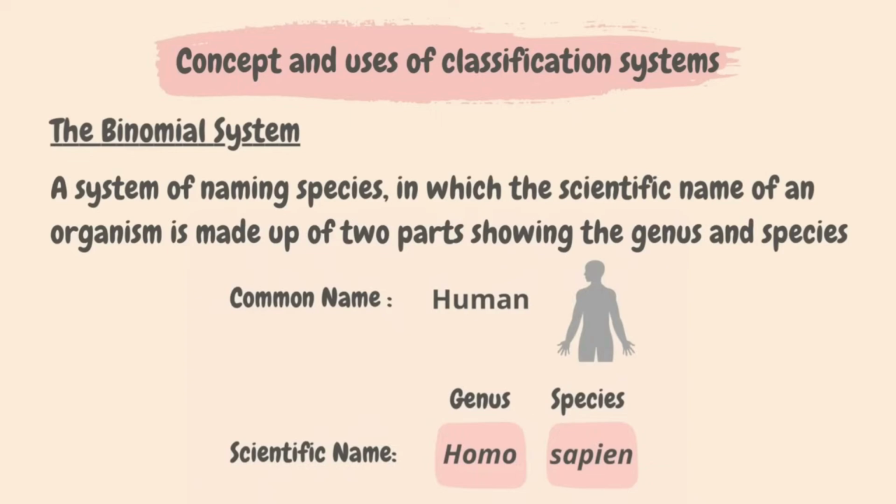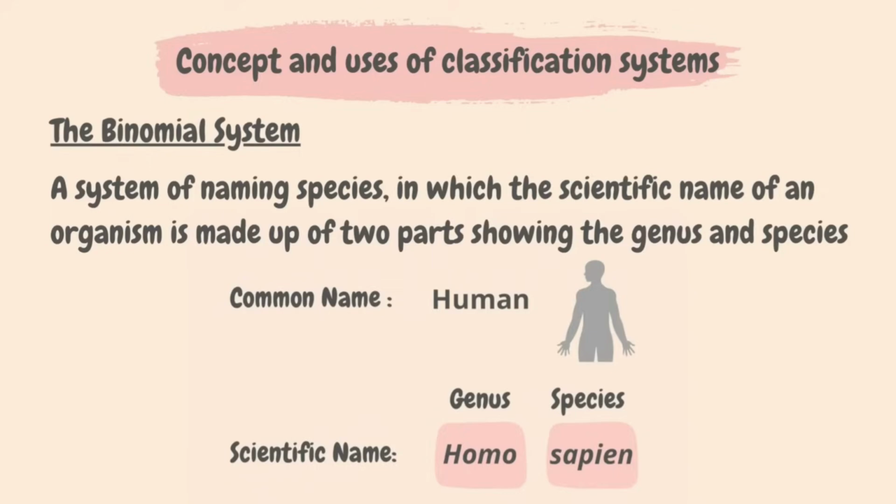We can also talk of maize, the African maize that we know. It is called Zea mays, Zea being the genus and mays being the species. We can also talk of the human being, Homo sapiens, Homo being the genus and sapiens being the species.